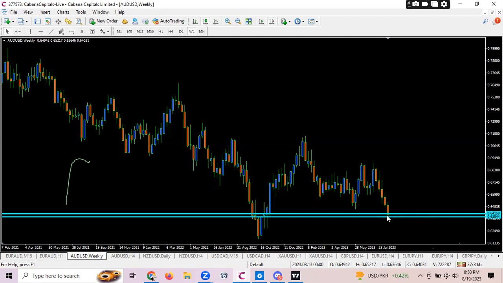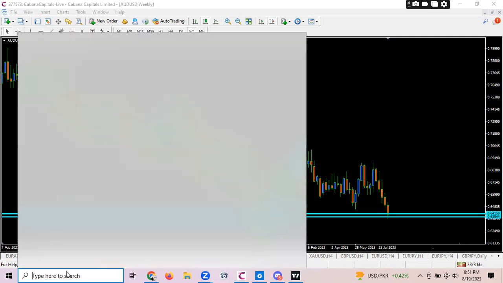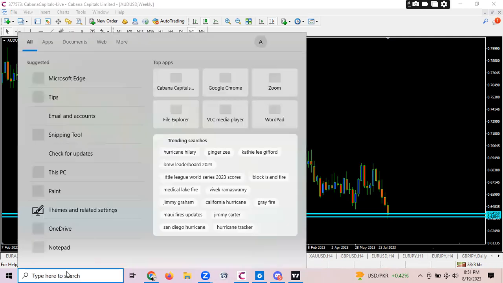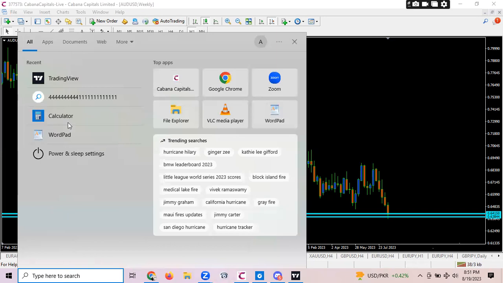And if the market is trading below the pivot point, it indicates bearish sentiment. So what we're going to do here is to get the pivot of last week candle.